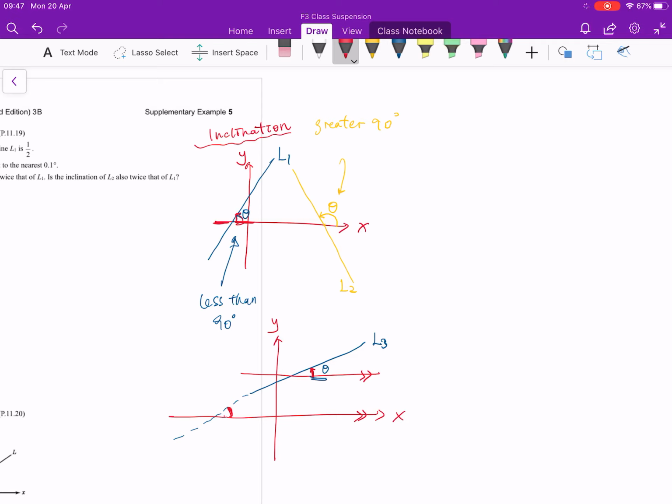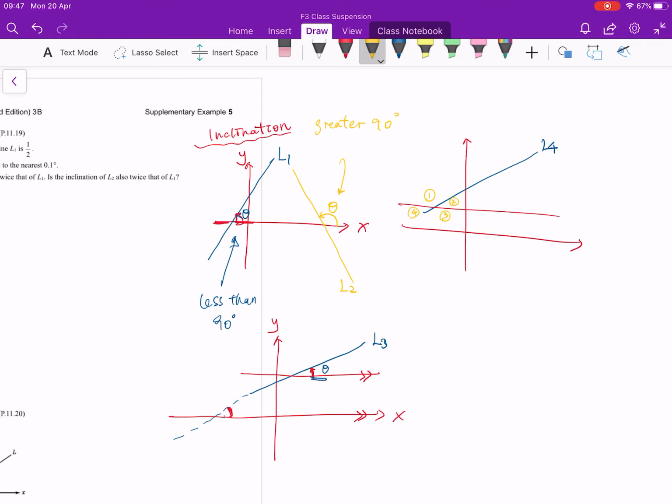Or in another way, to find it in a quicker way, if you need to find the inclination of any straight line, maybe I call it L4, you can create any horizontal line or make use of the x-axis, which is also a horizontal line. And then at the intersection, you can see that actually you have 1, 2, 3, 4 angles, right?